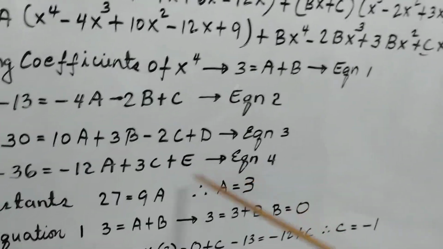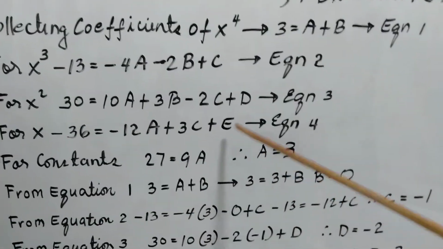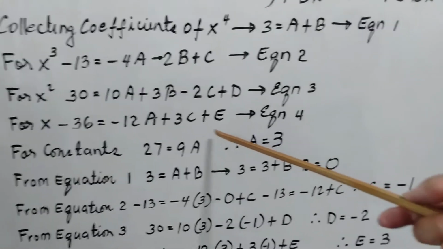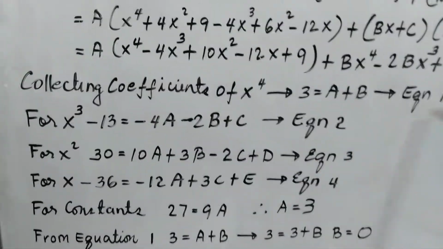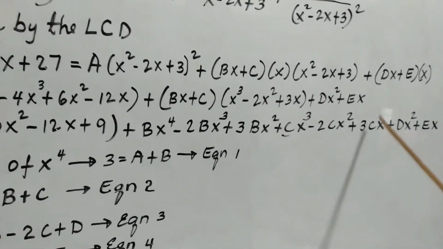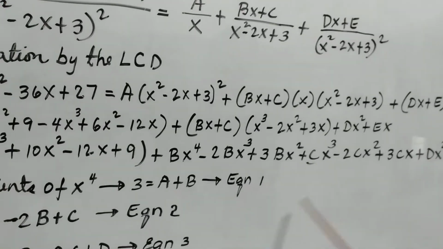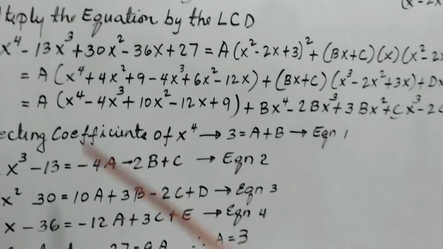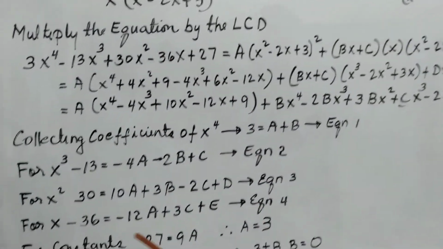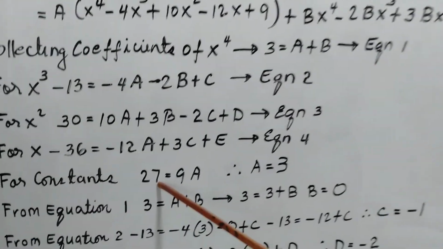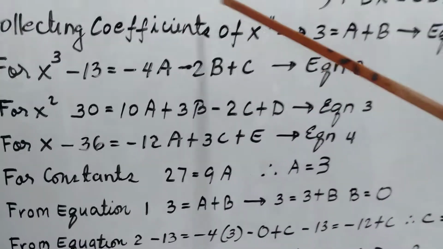So negative 36 minus 12a plus 3c plus e. So for our constants here, the constant here is 27, and the constant here is 9a.